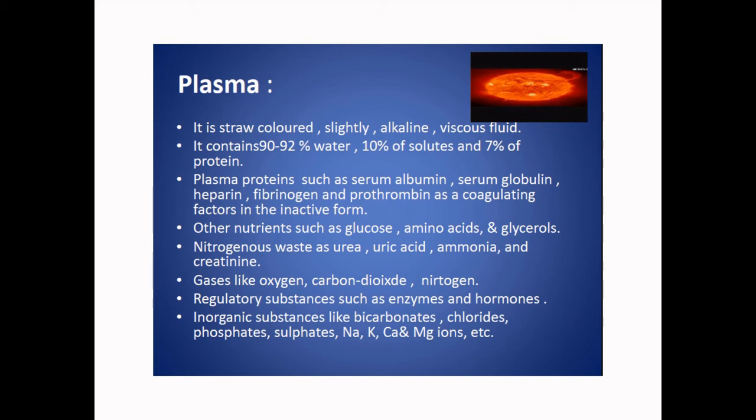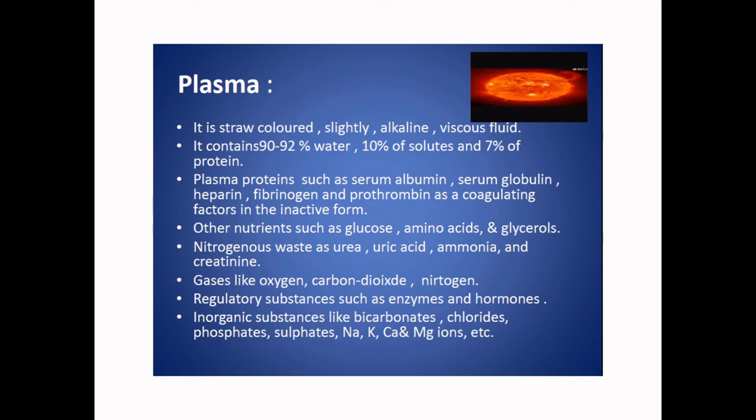in the inactive form. There are other nutrients such as glucose, amino acids and glycerols also present in the plasma. Nitrogenous wastes such as urea, uric acid, ammonia and creatinine are also found in this fluid part. Then there are dissolved gases like oxygen, carbon dioxide and nitrogen.